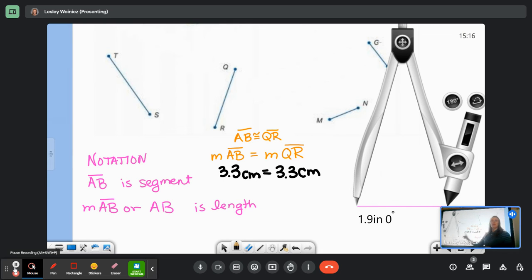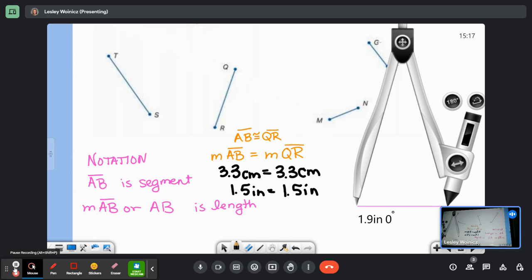Did anyone use the distance copier, the compass, to see if they were the same? Okay. Did anyone measure them in inches? What did you get for inches? 1.5 and 1.5. Okay, so 1.5 inches equals 1.5 inches. And then, did we have a unit for the compass?